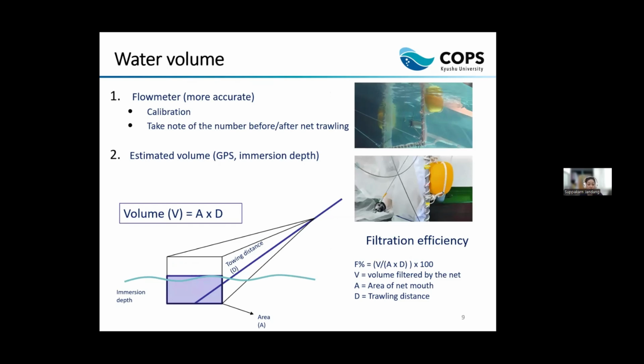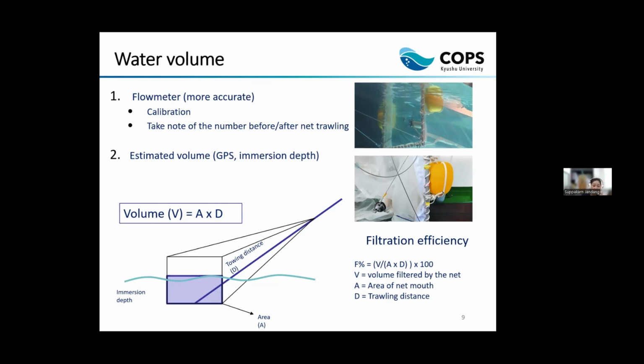The water volume. As I mentioned, the net can collect a large volume of water. We normally receive this kind of question because some laboratories didn't have any flow meter to attach to the net, because they hadn't worked with plankton before. It happens in real situations.